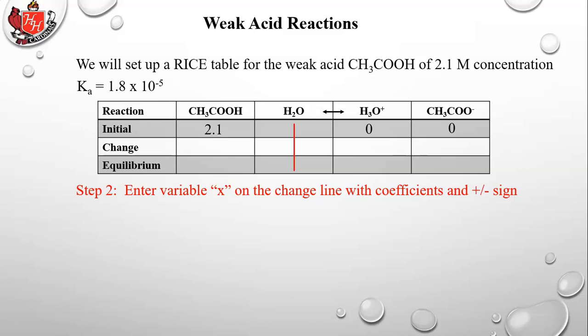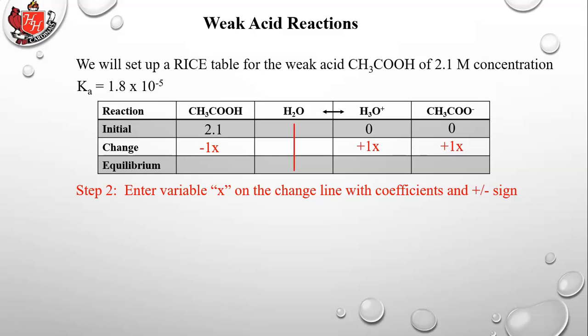The coefficient of acetic acid there is 1, so it's going to be minus 1x. It's decreasing because it's a reactant. It's going down in value. And then on the right side for the products, it's going to be plus 1x for hydronium and plus 1x for the acetate ion. They have coefficients of 1, and they're going up because they're increasing in concentration as the problem goes on, at least until it reaches equilibrium, and then they come to a stop.